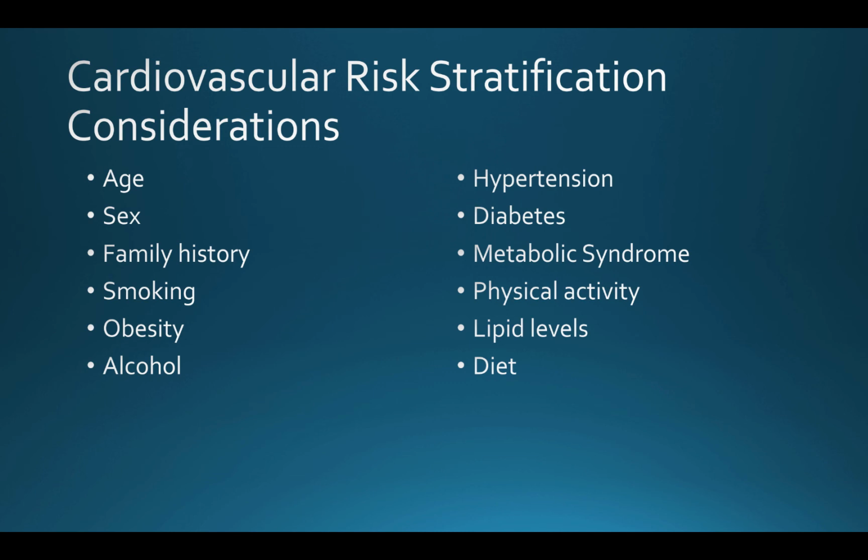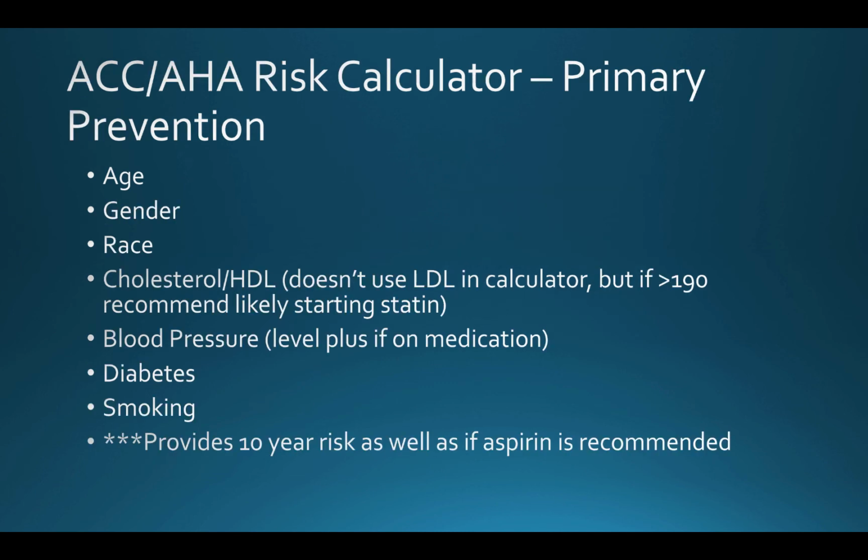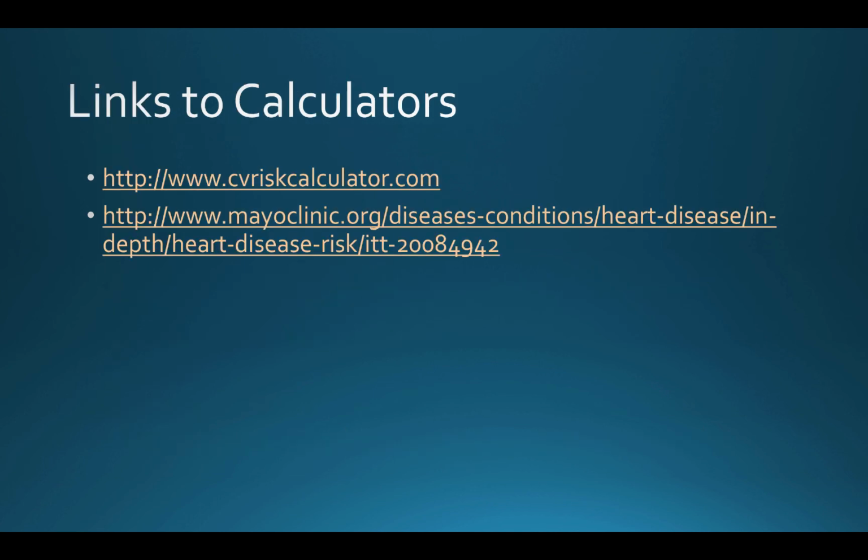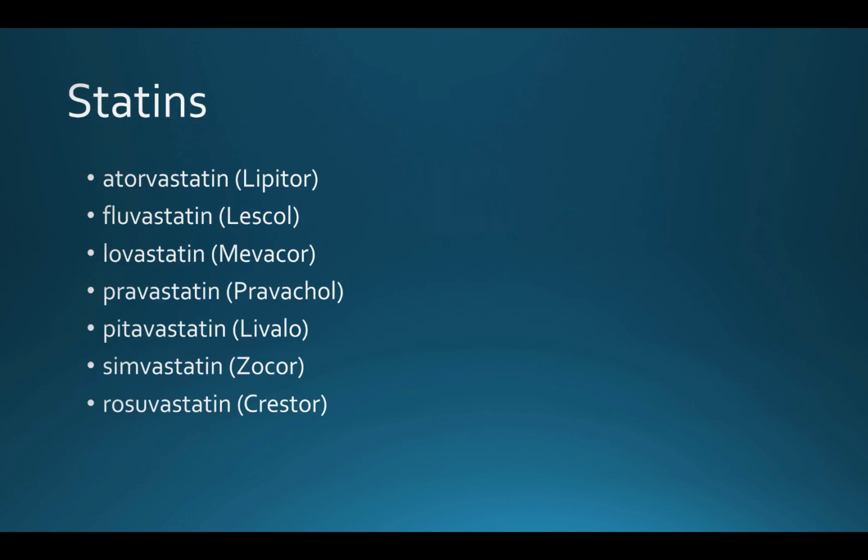But certainly hypertension, working on lipid levels, obesity, smoking, and diet are all things we can potentially help with, either with the aid of medication and/or lifestyle adjustments. Now that calculator, again, I just put that information in here for your reference. These are the factors that go into assessing that 10-year risk. And there are the links again.